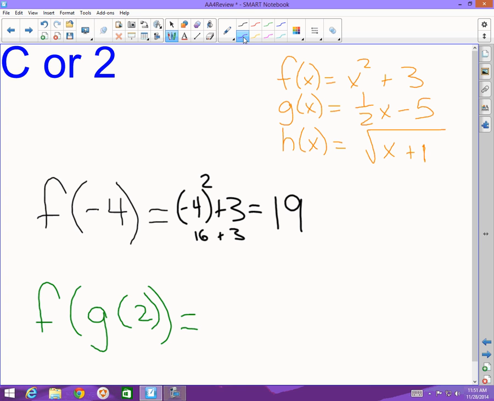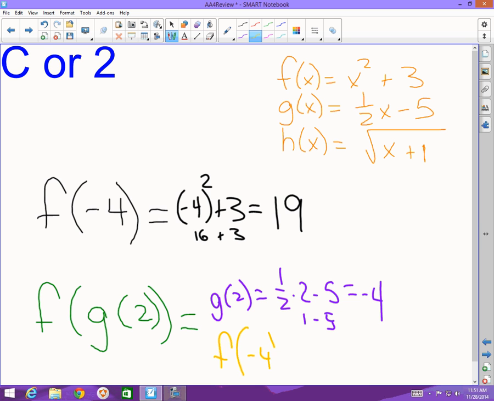If you do f composition g of 2, first thing you have to do is figure out what is g of 2. And so that's 1/2 times 2 minus 5, which is 1 minus 5, or a negative 4. And then figure out what is f of negative 4. And a negative 4 squared plus 3 is 19.